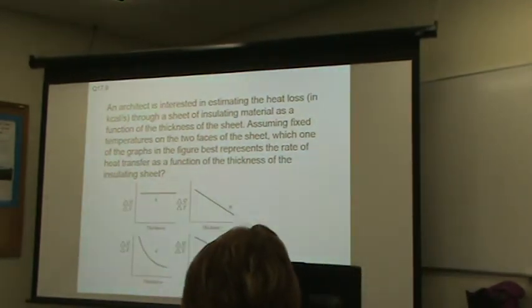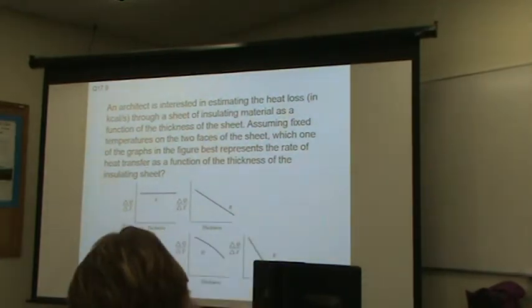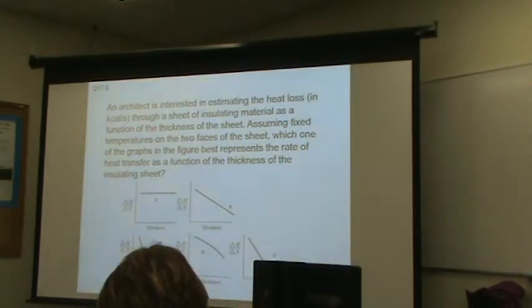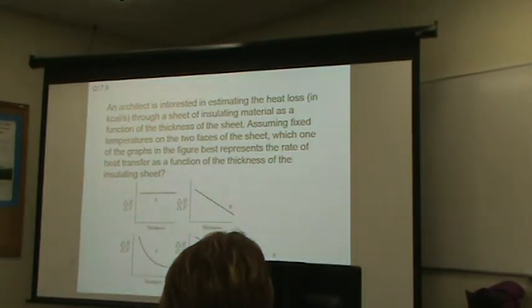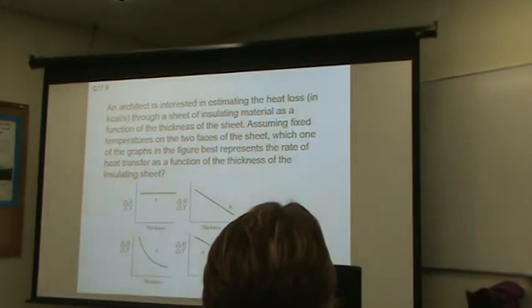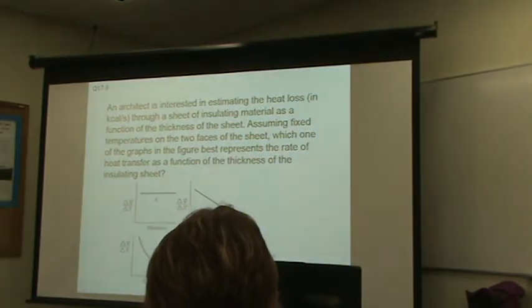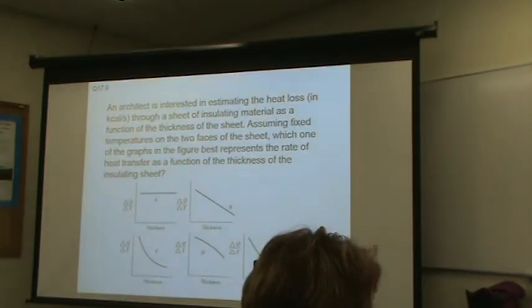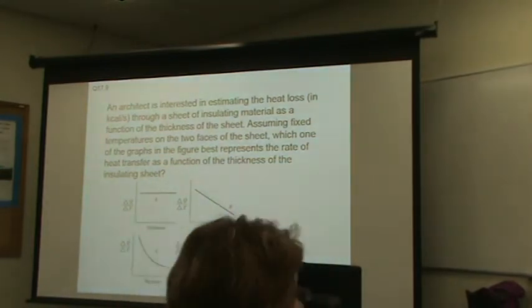Assuming fixed temperatures on the two faces of the sheet, which one of the graphs in the figure best represents the rate of heat transfer as a function of the thickness of the insulating sheet? All right, does anyone need more time?